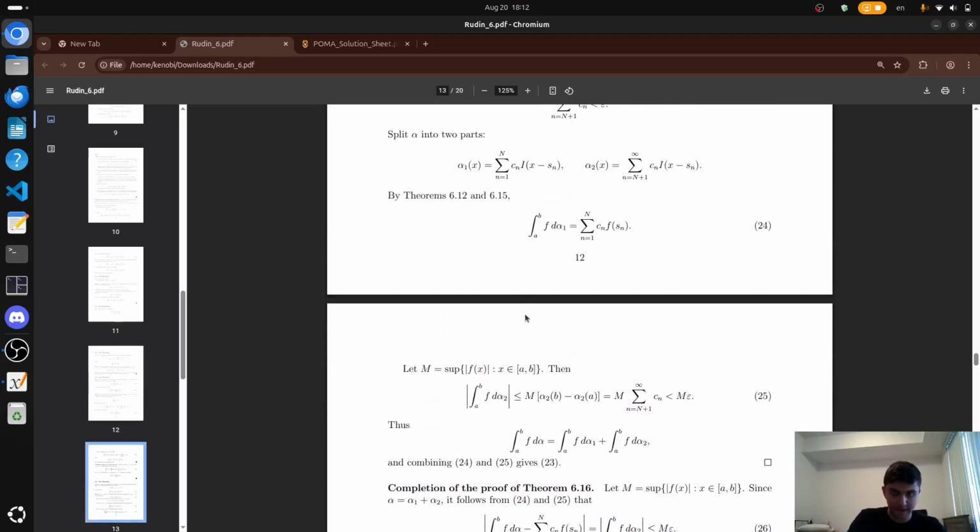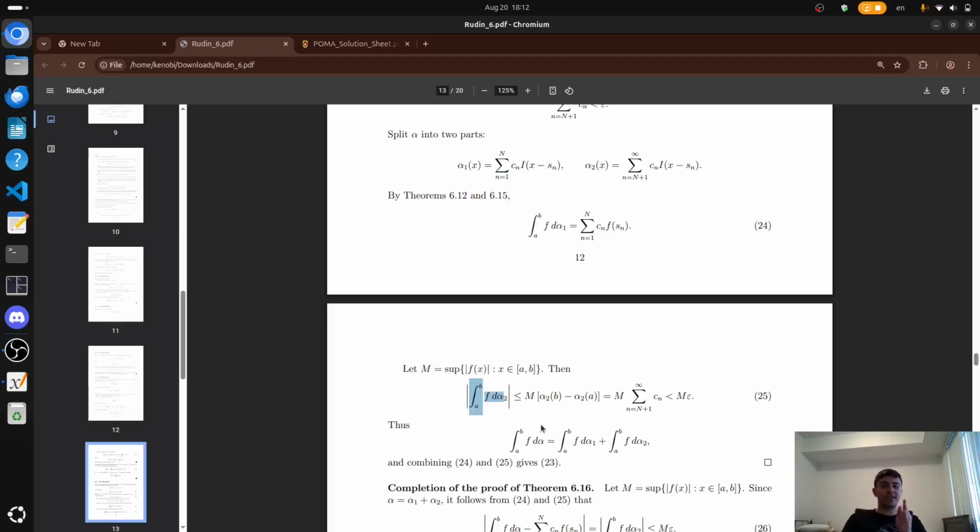So the integral with respect to alpha 2, this thing over here, is going to be the same thing as the integral from a to b of f d alpha minus this thing over here, the integral with respect to alpha 1. So it's going to be this minus this thing inside this parentheses, because the full integral is the sum of the two separate integrals.